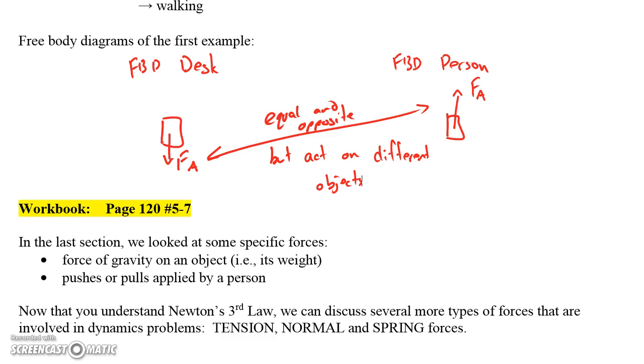A normal force, this one might be the weirdest of them all, but it's probably the most important. It's what keeps us from falling, from going through tables, from being able to sit on a chair, is the normal force. And then spring forces is anything that, think about springs or elastics, anything that is stretchy and wants to go back to its original shape.